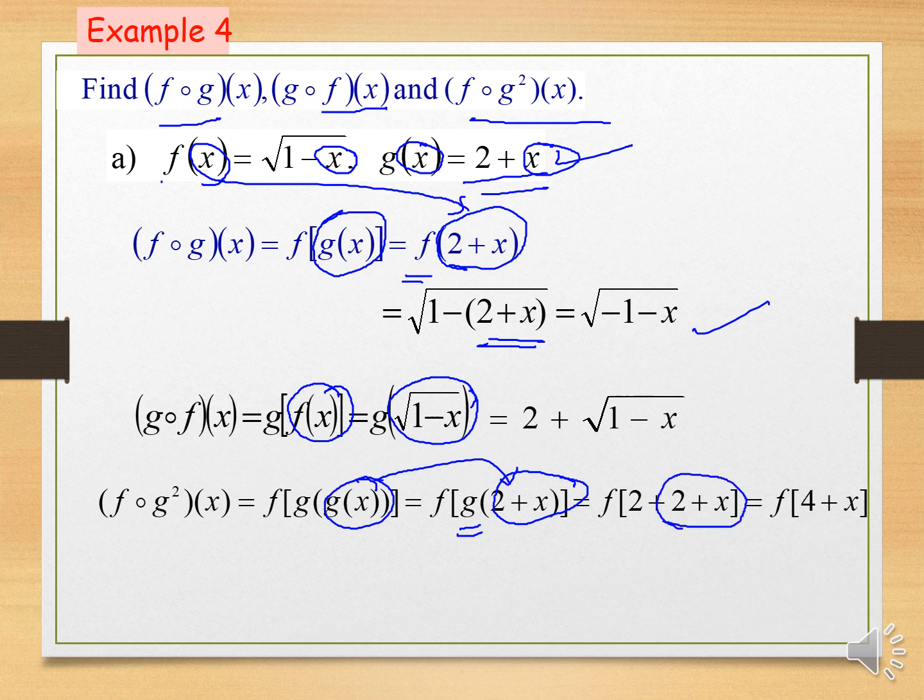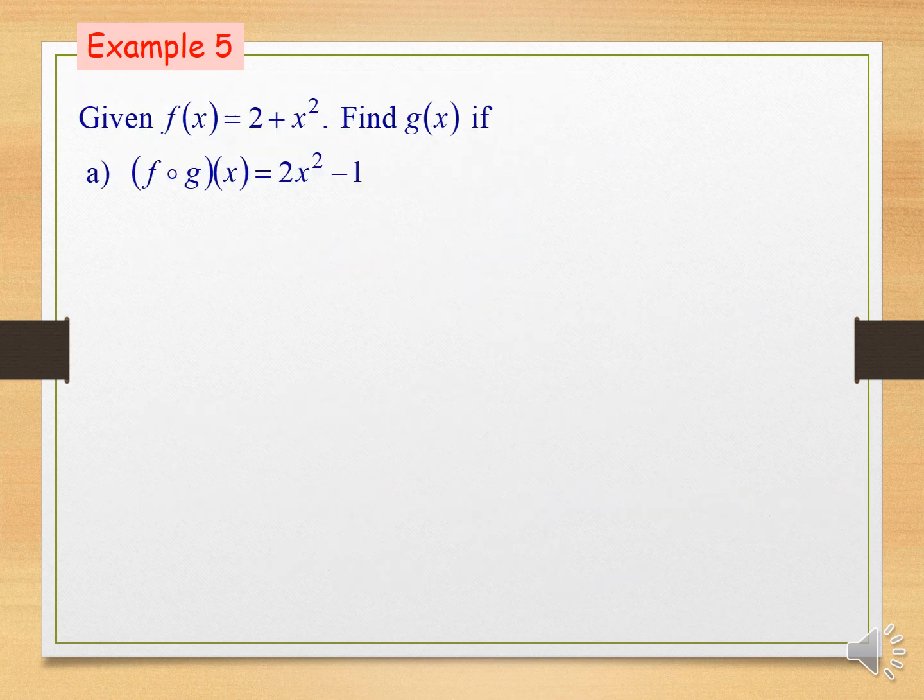This equals f(4 plus x). 4 plus x is the new input for function f. Function f is square root of 1 minus x. Therefore, we have square root of 1 minus the new input, which is 4 plus x, and can be simplified as square root of negative 3 minus x.